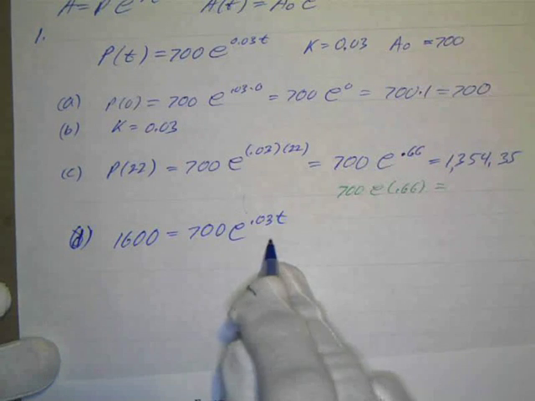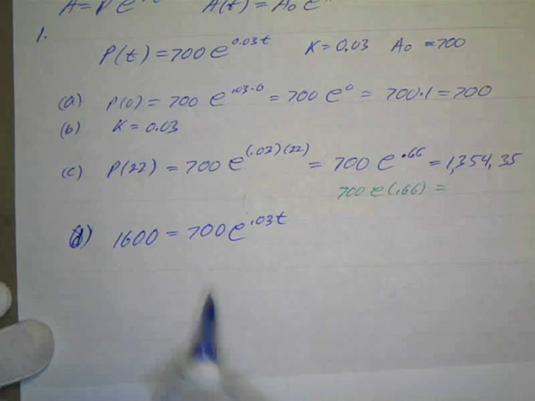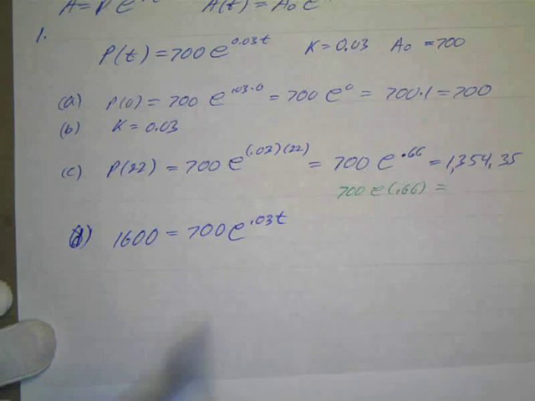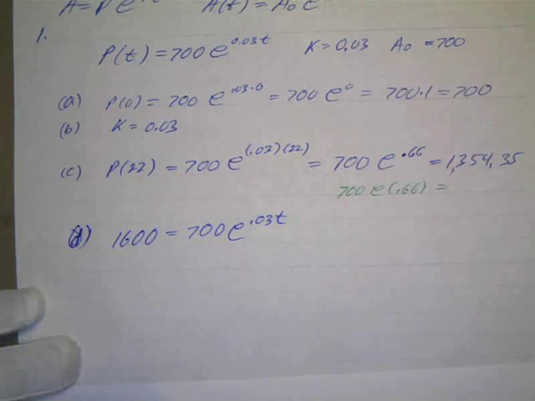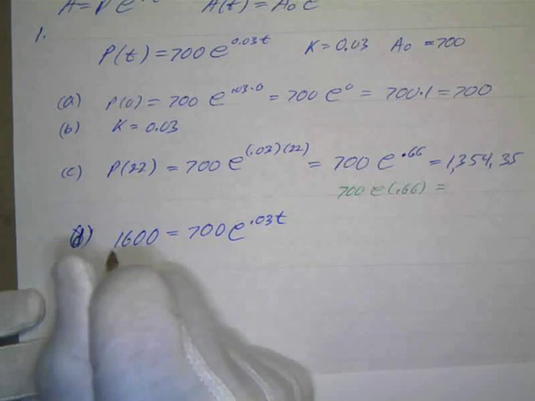So we want to solve for t. We're going to eventually use the logarithm, but we're going to divide both sides by 700 first so we can move that. So we'll divide both sides by 700.